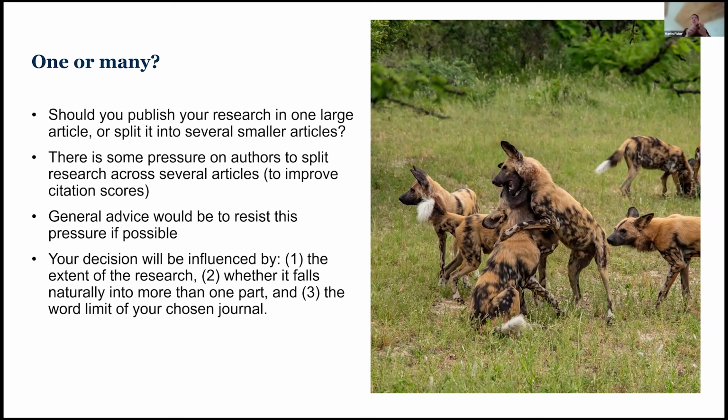I think if your work naturally falls into 2 parts, maybe one is about distribution and the other about behavior, then that might be 2 articles for 2 journals with different scopes. But in general, I think readers will appreciate having everything in one place. I think it might be better for your reputation as well, but I do recognise that there is some pressure on people to increase their citation scores according to various metrics by publishing more than 1 article. I try and minimise how much you split any one project between articles, however.